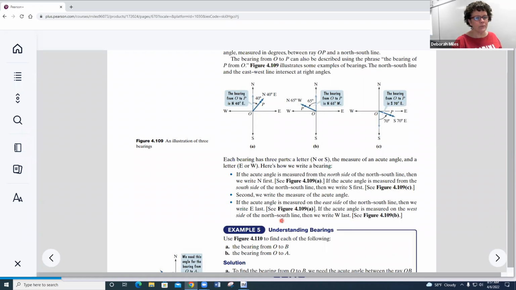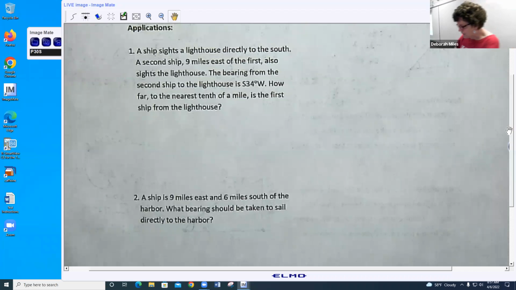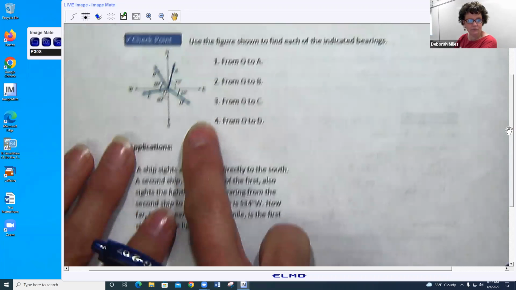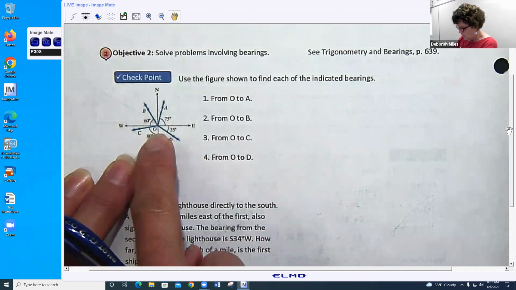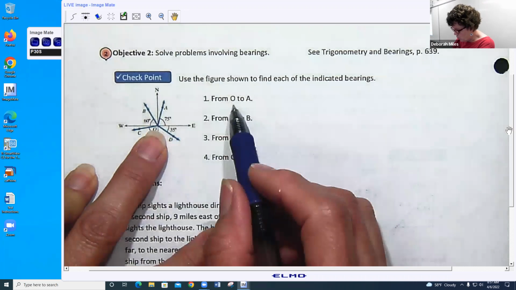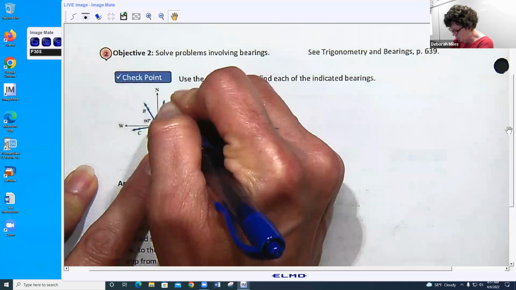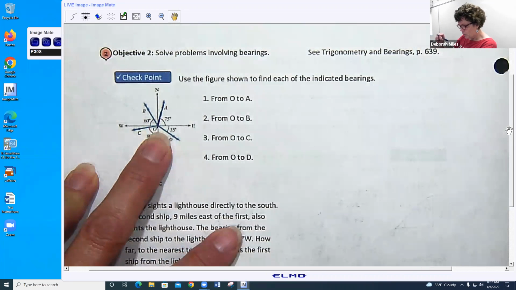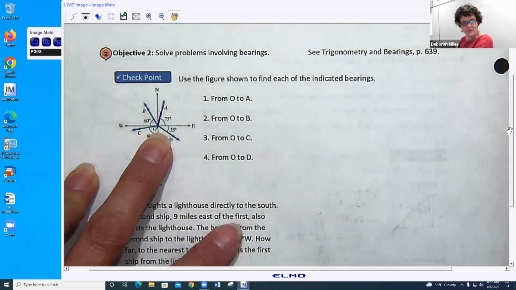These notes down here will help you. Each bearing has 3 parts: a letter, either north or south, a measure of an angle, and a letter, either east or west. Just before we get to a word problem, let's see if we can name these bearings from some point O. From O to A, first we have to say whether we're closer to the north line or the south line.